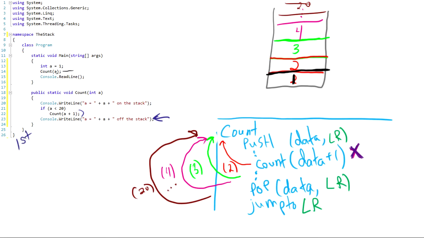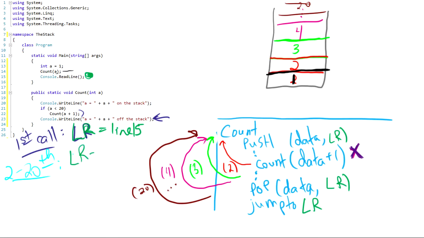So on the first call to our method, the link register, let me keep using green for the sake of consistency, has line 15, because we think we're going to return to here after we're done, but then it calls itself. So the 2nd through 20th time, the link register actually ends up having line 23, right?